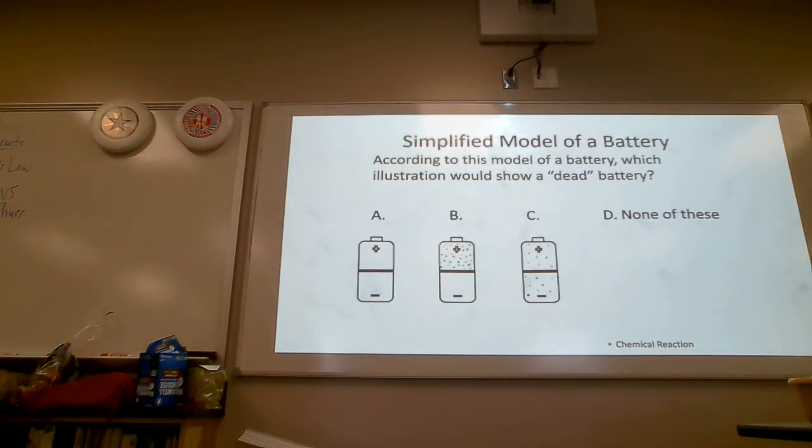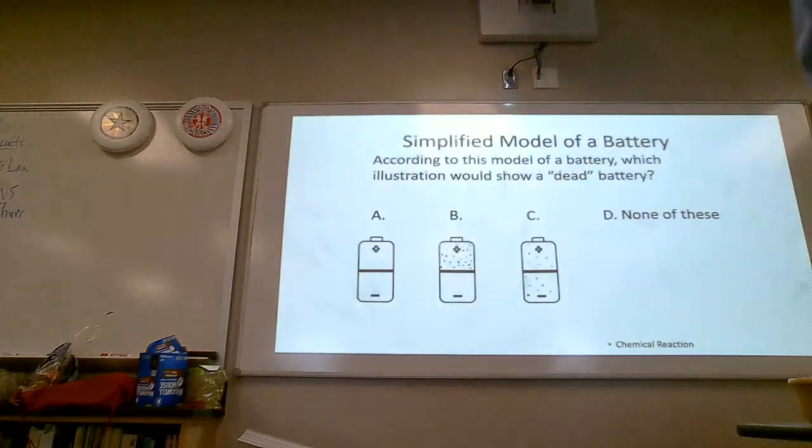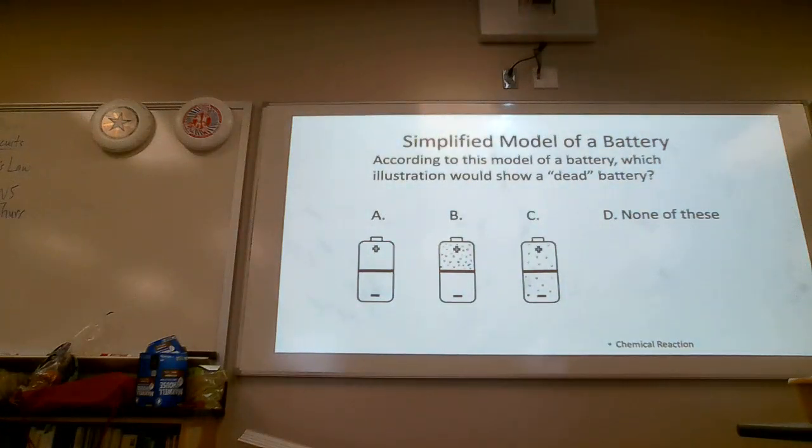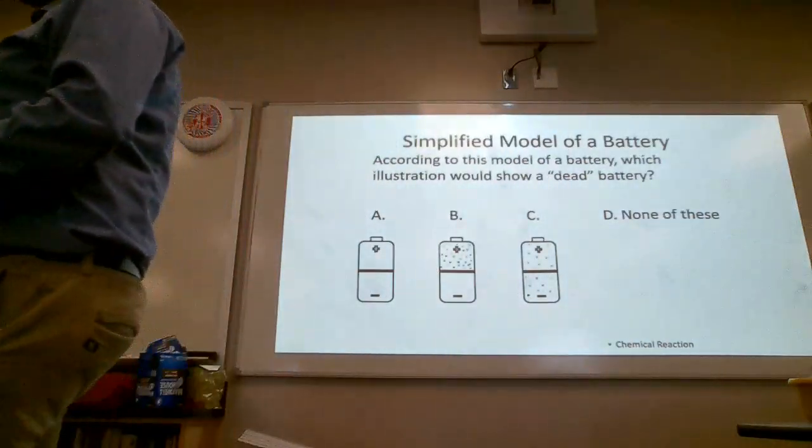So when they die... Okay, so that's the simple model. In reality, here's what causes the battery to do what it does. If you were in honors chemistry, you studied electrochemistry.